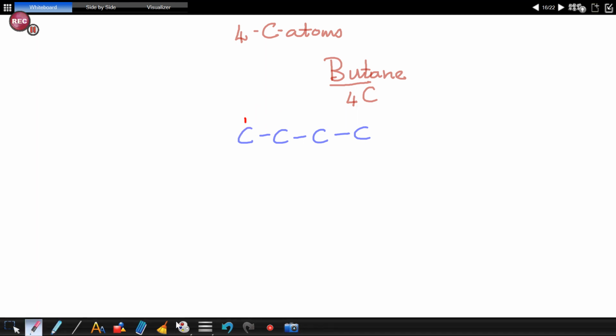Now we need to add our hydrogens to each carbon atom having 4 bonds.